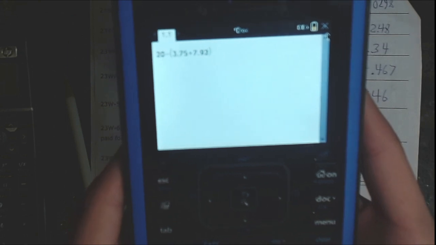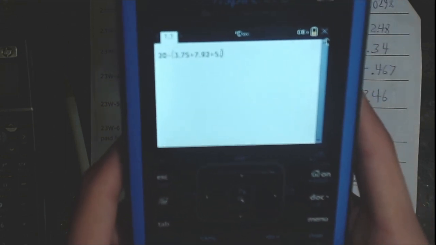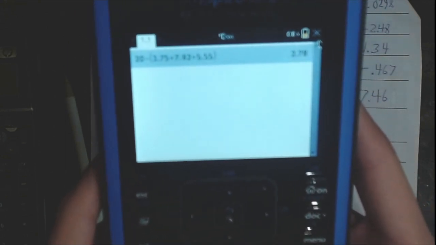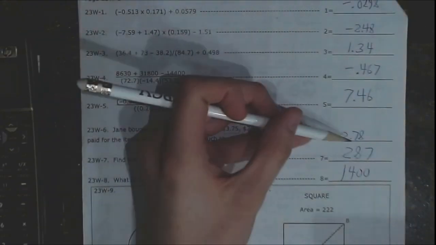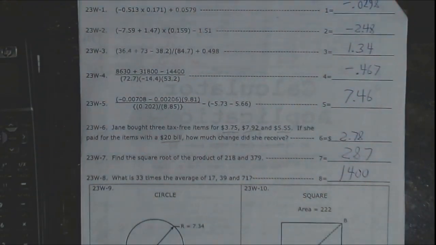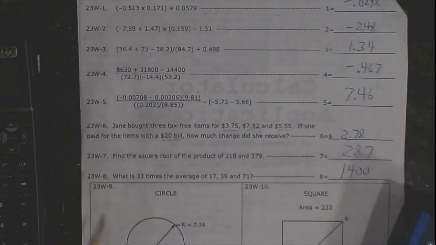So we're going to subtract the sum of 3.75, 7.92, and 5.55, leaving us with $2.78. Not sure if you can see that, it's kind of blurry. So that's our answer choice. That's our answer.